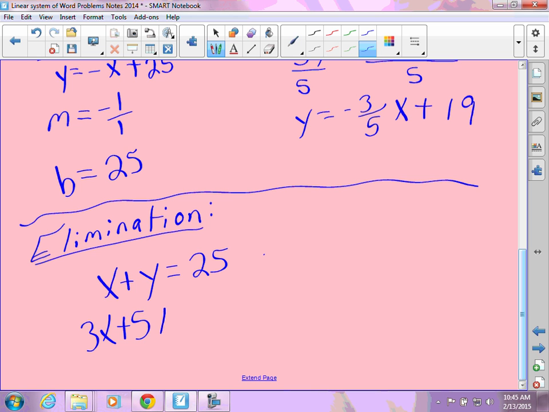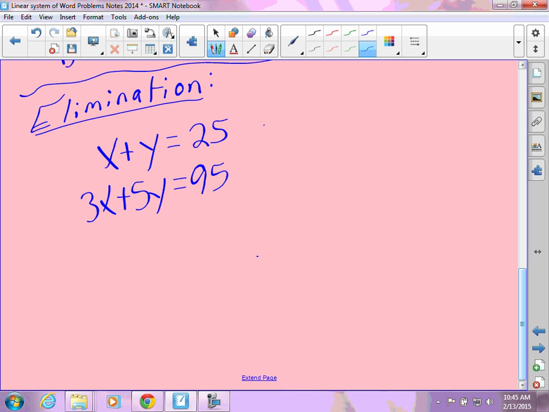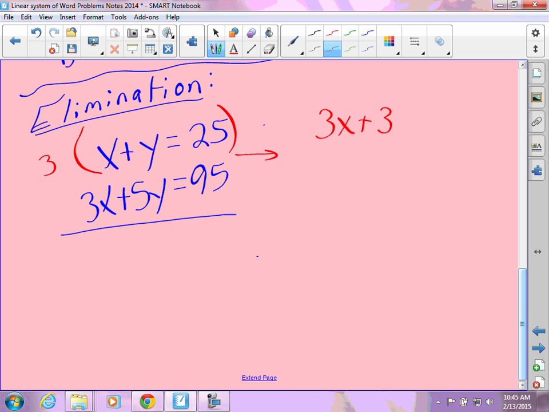Okay, so I'm going to multiply this one by 3. So 3x plus 3y equals 75. 3x plus 5y equals 95. And what do we do? Subtract. Pretty easy? Yeah, why is this easy for you?